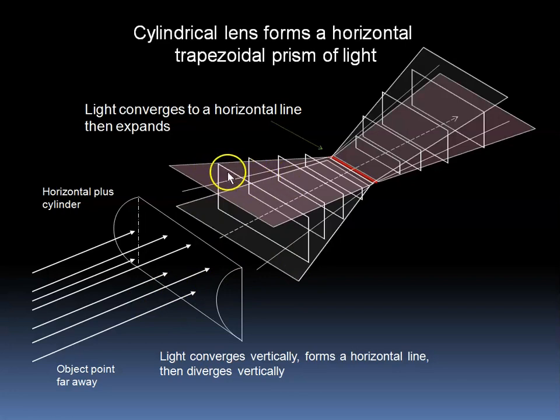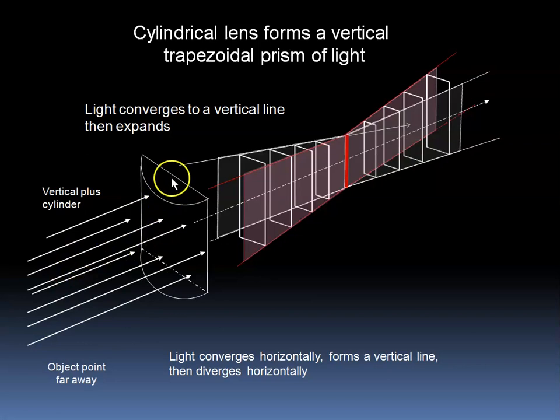And so it's compressed until it reaches a line, and then it diverges out again in only one meridian. One can think of this as a horizontal trapezoidal prism of light, but at the middle it forms a horizontal line.